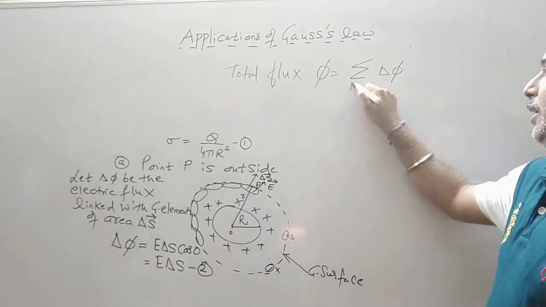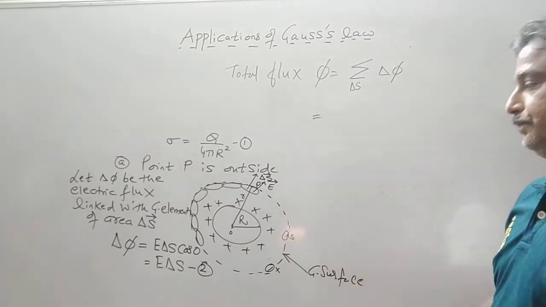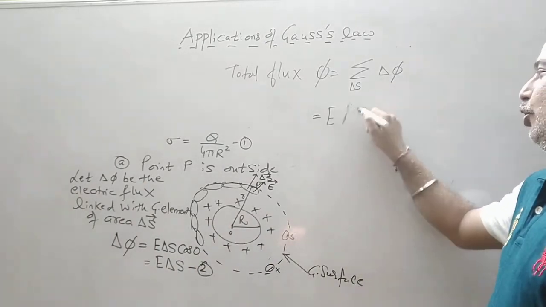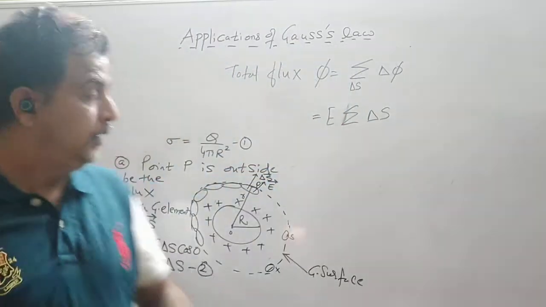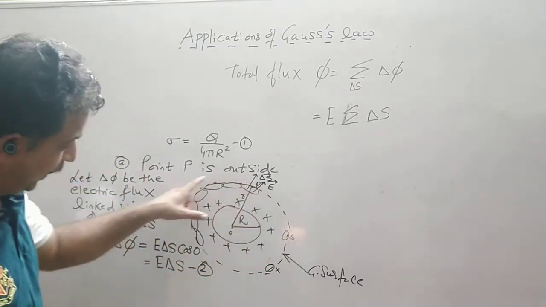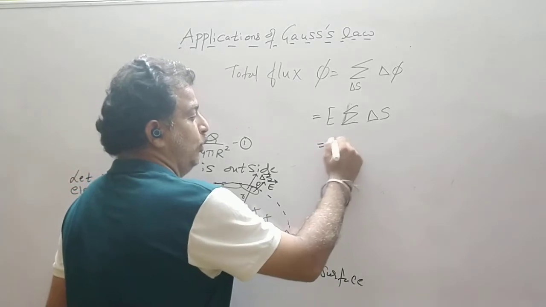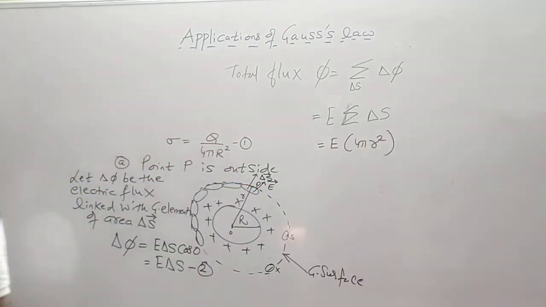So we are summing up for all delta S. So this is equal to E times the summation of all the elements delta S. So delta S, delta S, delta S, delta S. The area of the entire Gaussian surface is 4 pi r square, small r square.